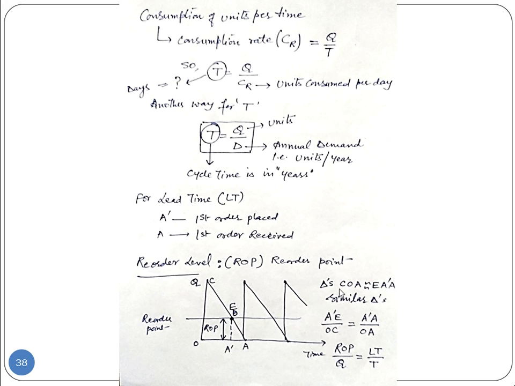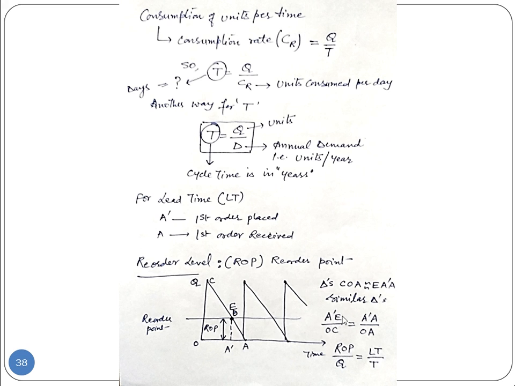Now from here you can say there are two triangles, COA and EA dash A, which are similar triangles, and from the similar triangle formula we can easily write this equation. A dash E is the perpendicular line and this is another perpendicular line, so the ratio of these is equal to the ratio of the bases, the base of this triangle and the base of that triangle, A dash A. The ratio is the same.